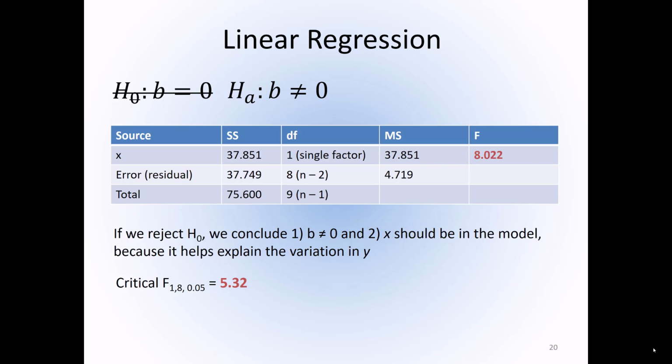Then we compare our F value to the critical value, and because our F value is greater than the critical value, we can safely say that we reject the null hypothesis and that the slope does not equal 0. In turn, this means that x should be in the model because it's helping to explain variation in y.